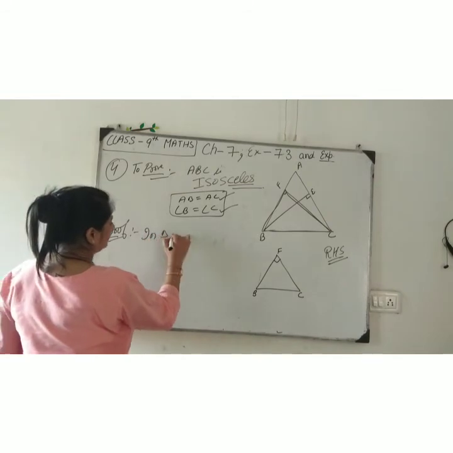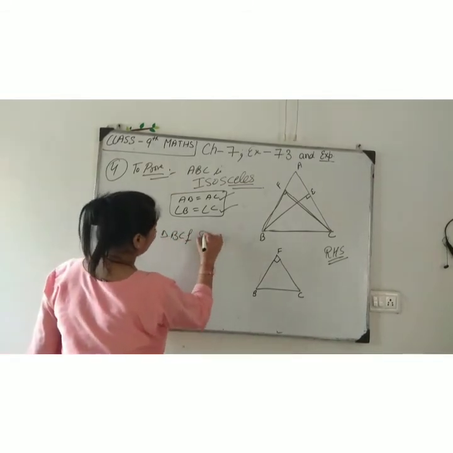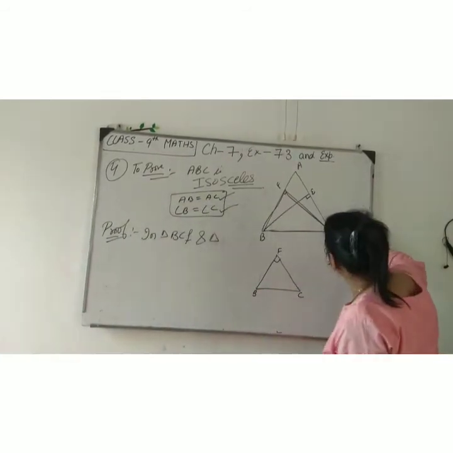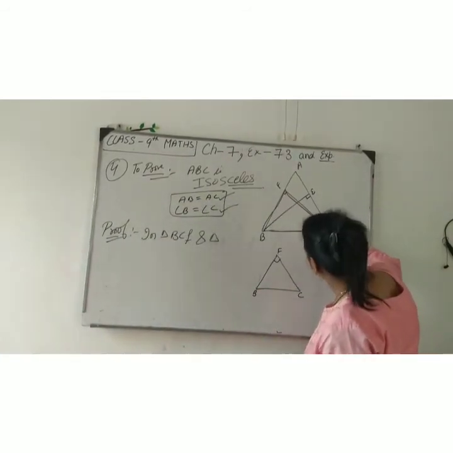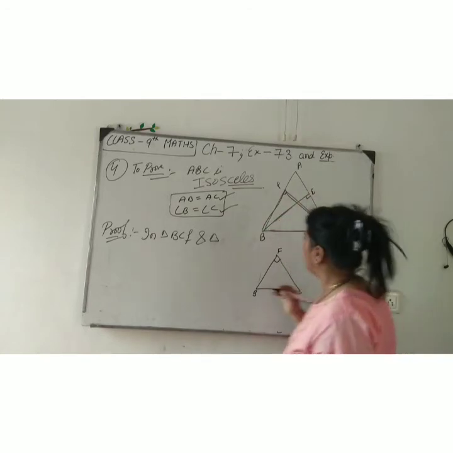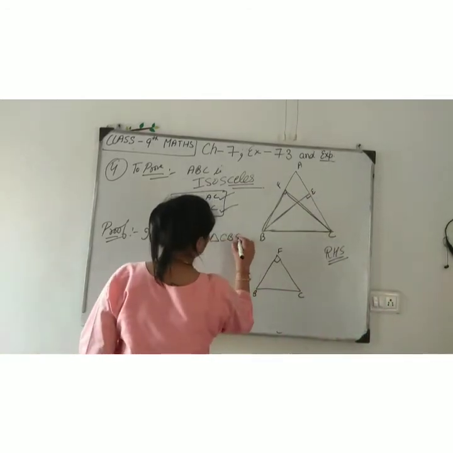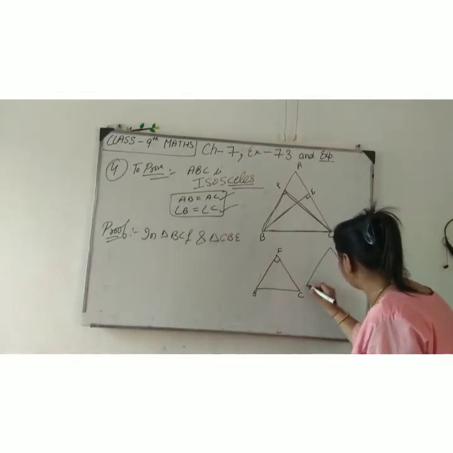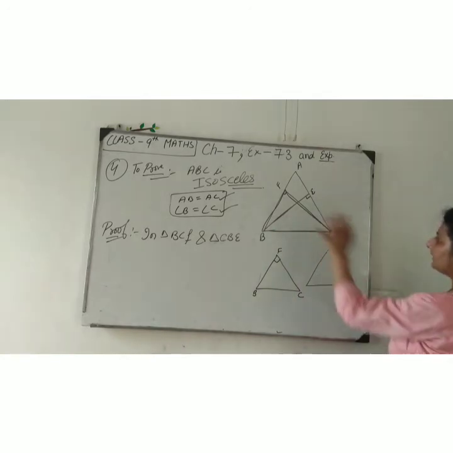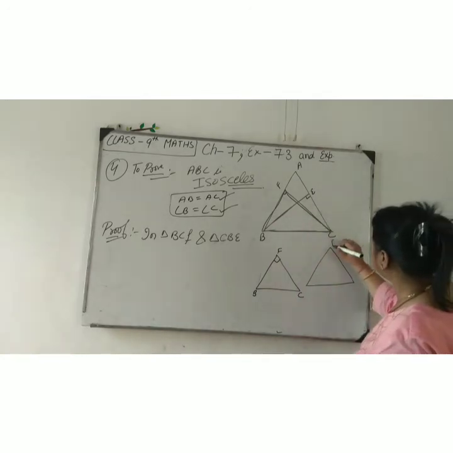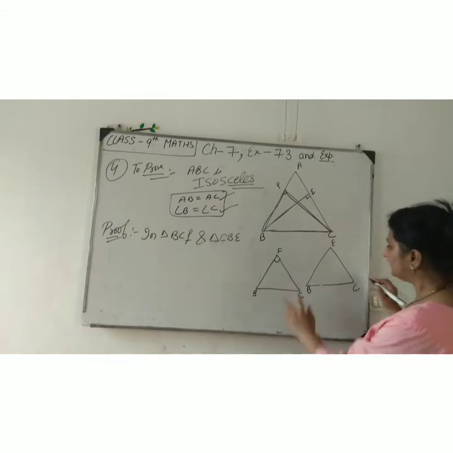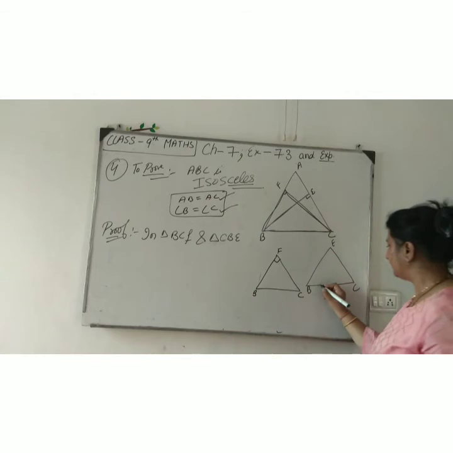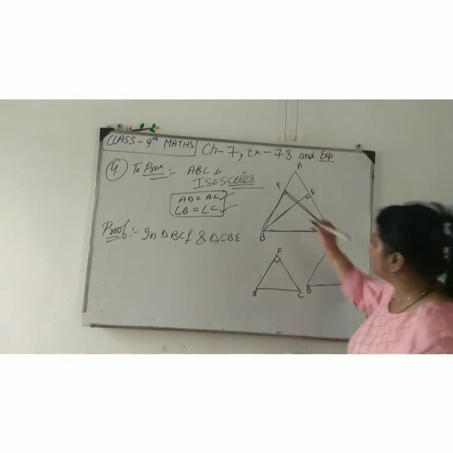In triangle BCF and triangle CBE, the next figure is CBE. Again I draw here E, B, C, because I am not able to understand in this figure, that's why I draw separately. These both triangles are part of this figure. It is not separate. Now it is clear.